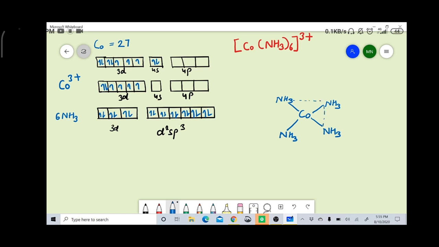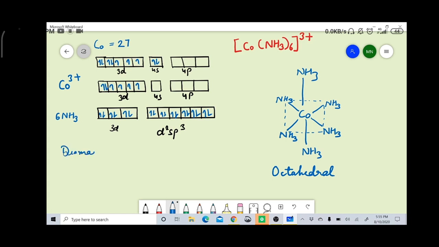After hybridization, 6 hybrid orbitals are formed in which 6 ammonia ligands donate their lone pairs of electrons, making this complex. Because there is no unpaired electron in this complex, this is an example of a diamagnetic complex.